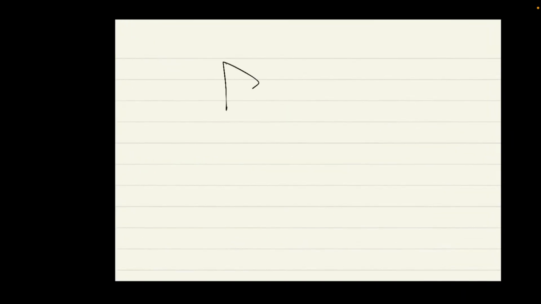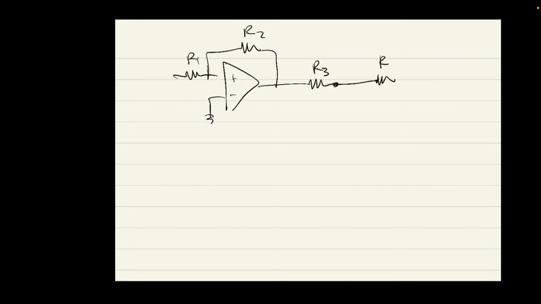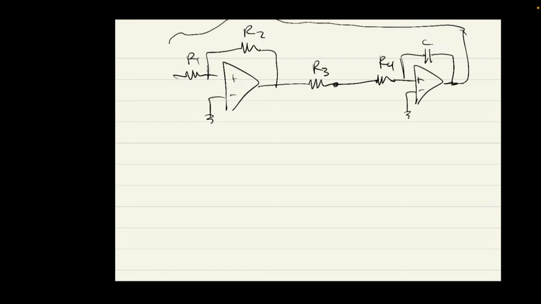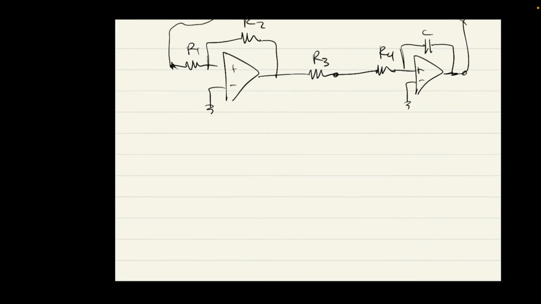Okay, let's first redraw this circuit. So we have R1, R2, R3, R4, capacitor, and then all of this is connected back to the output, to the input.